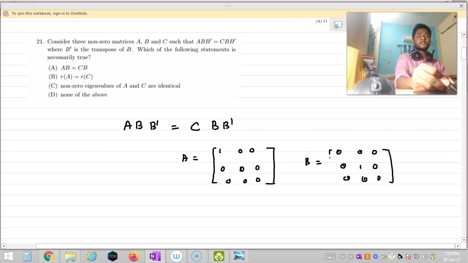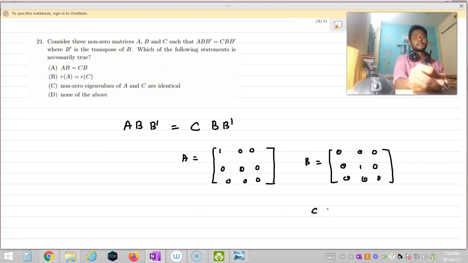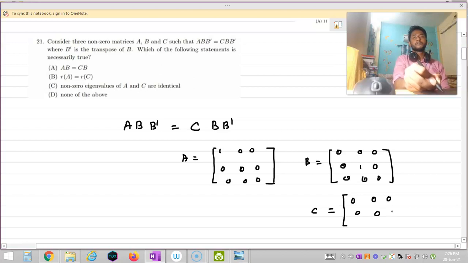You can check that B transpose is equal to B. And I am considering the matrix C as [0 0 0; 0 0 0; 0 0 -1]. You can check it, B transpose is always equal to B.